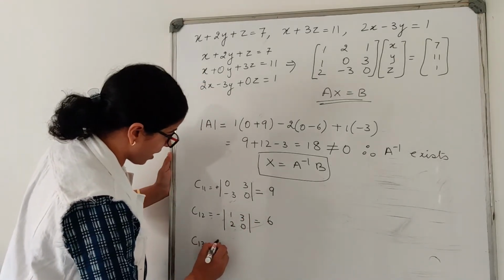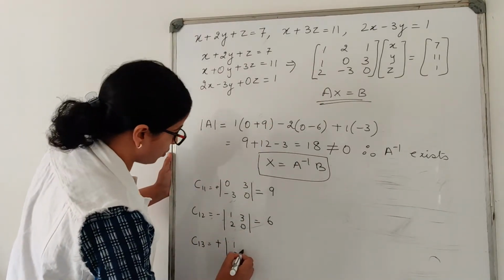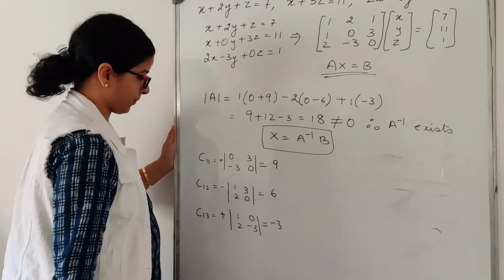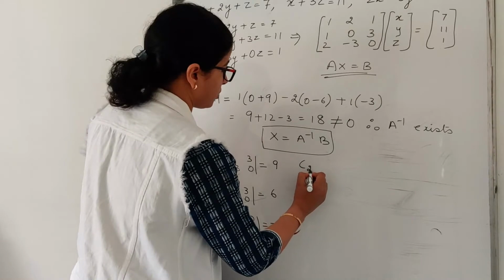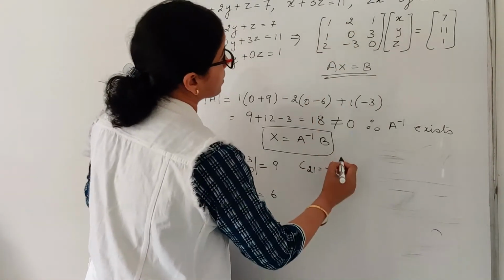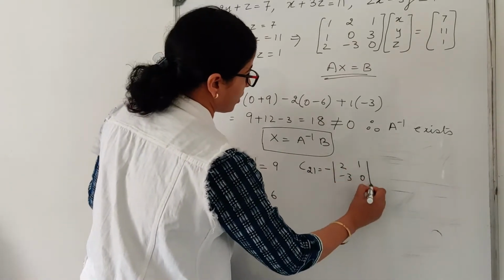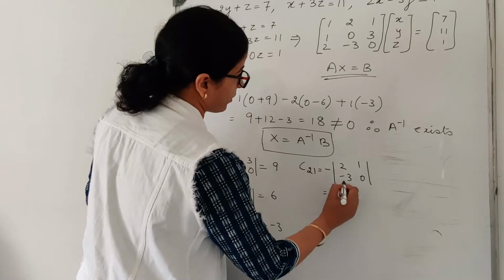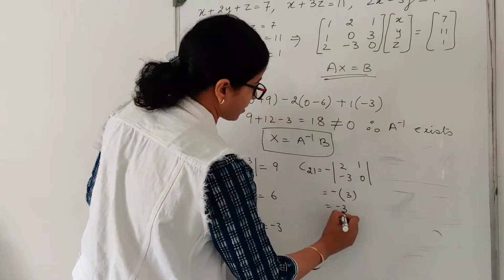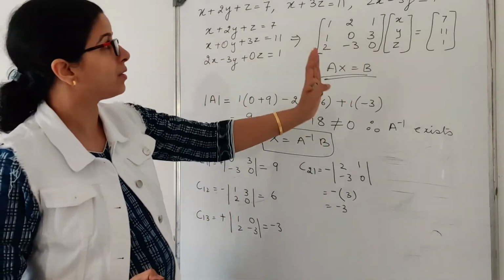C13 is again positive. So check |1, 0; 2, -3|. So minus 3. Now C21 is minus. C21 is |2, 1; -3, 0|. Minus of (0 minus of minus 3), 3. So it will be minus 3. Similarly, we can find out the values of the other cofactors.